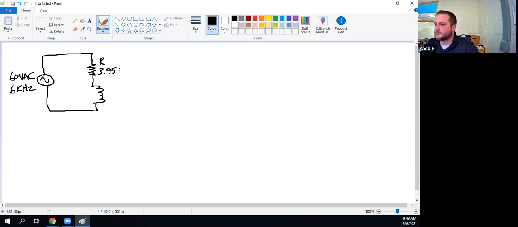And we're going to have L is 150 millihenries. So inductive value. For capacitors, what was the unit for capacitance? Starts with an F and rhymes with schmerids. Farads. For inductance, starts with an H and rhymes with Schmenry. Henry. So millihenries, 150 millihenries.